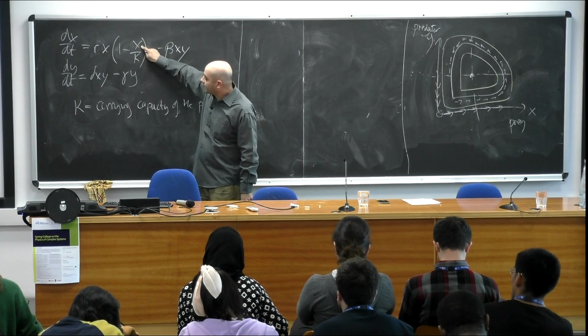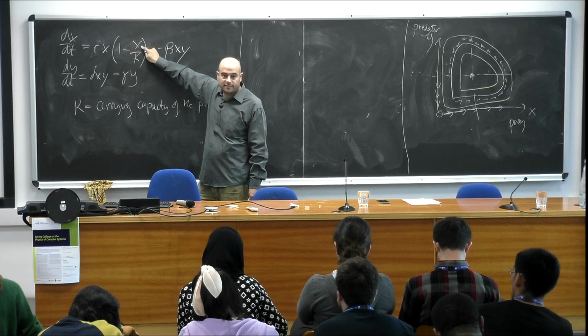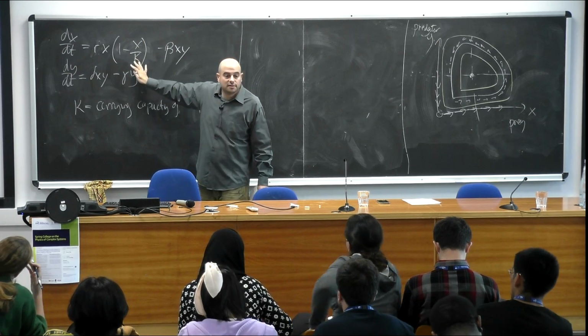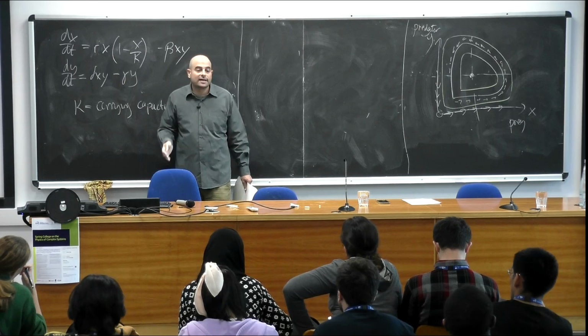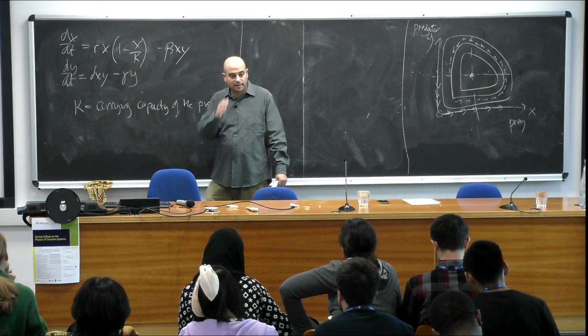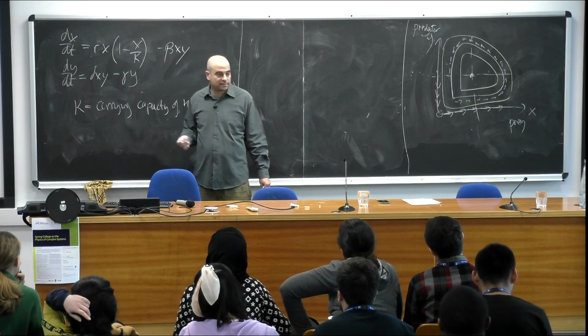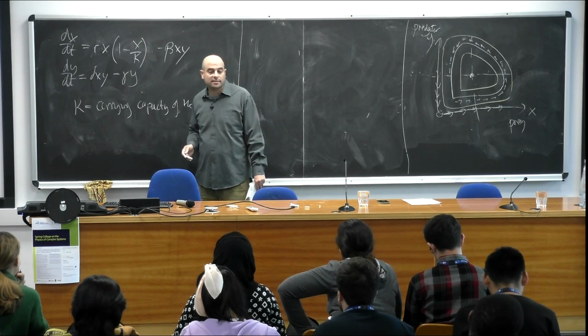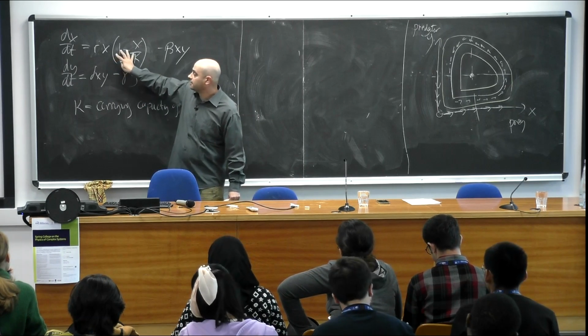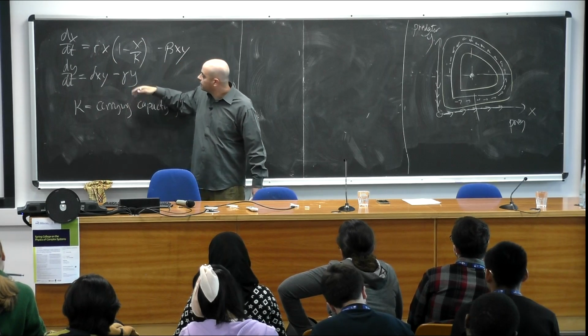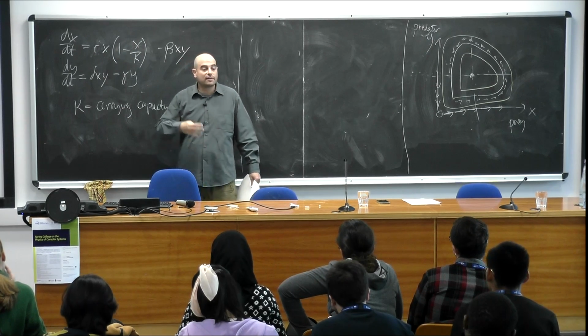But once x exceeds K, then this becomes negative. And these are exactly the negative elements on the diagonal when we spoke about May's Jacobian. This is a diagonal element, x versus x, and now it's negative, so it's self-limiting.